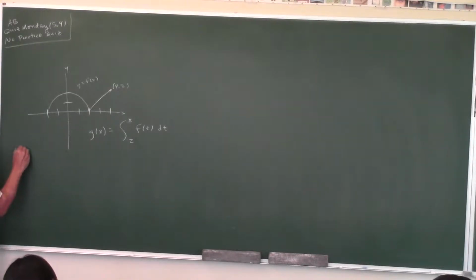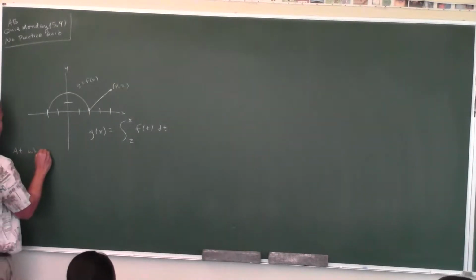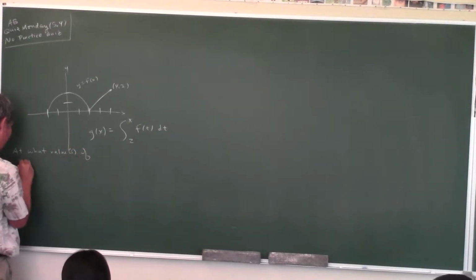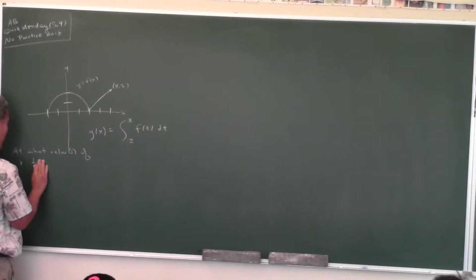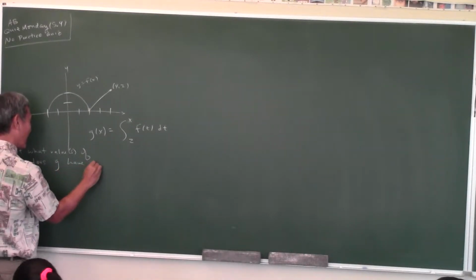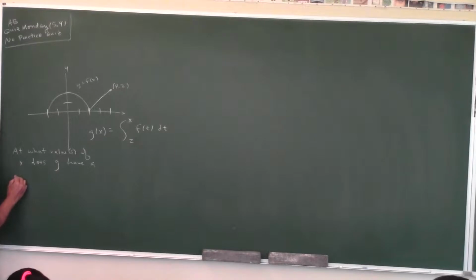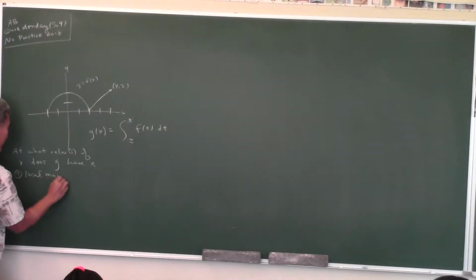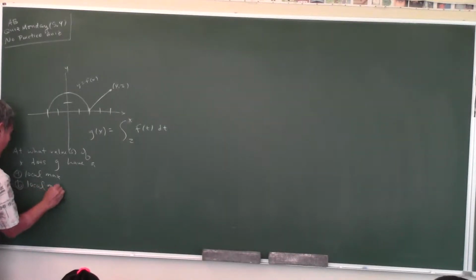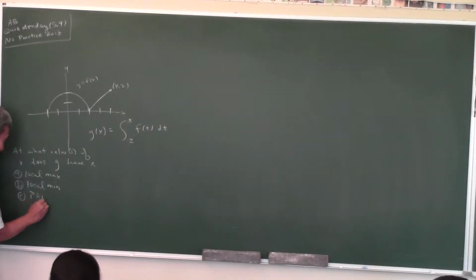So this is the question they're going to ask. At what value or values of x does g have a, local maximum, b, local minimum, and c, you can probably guess, point of inflection.